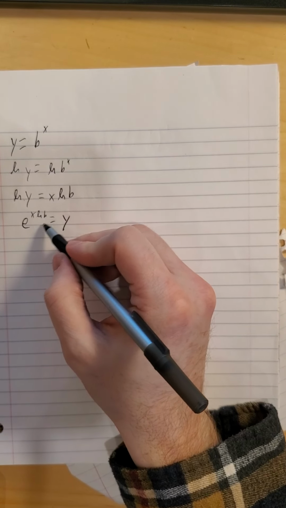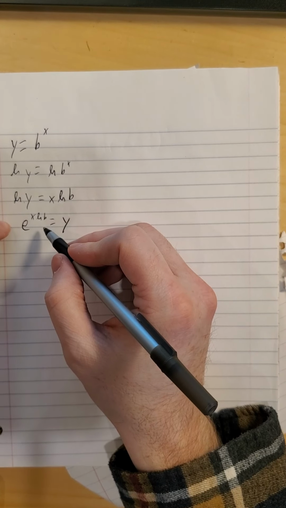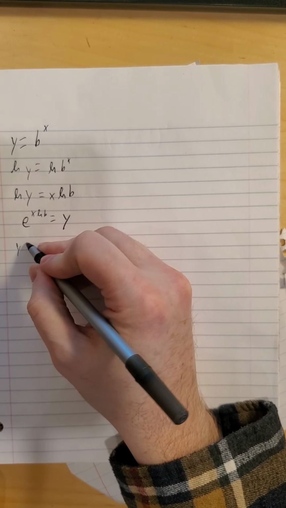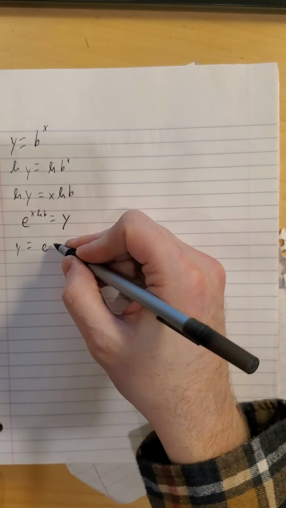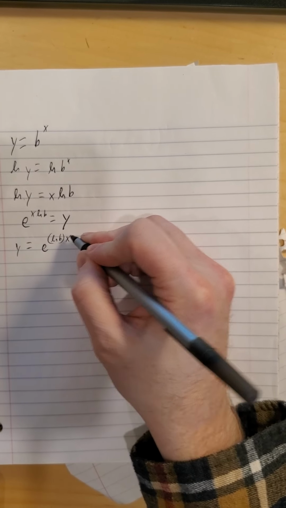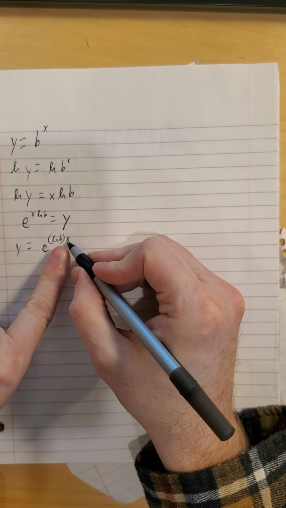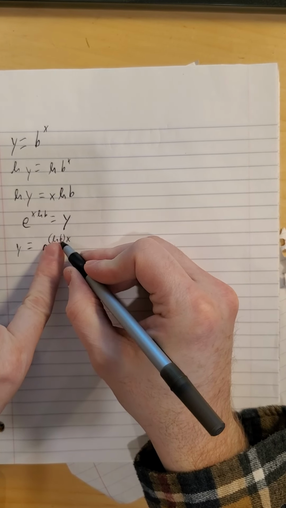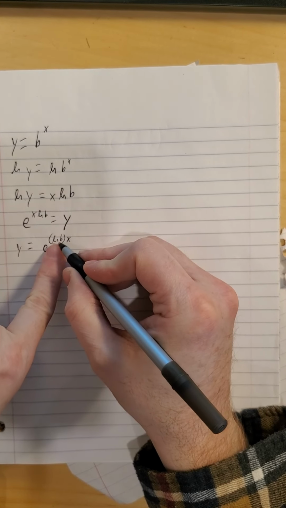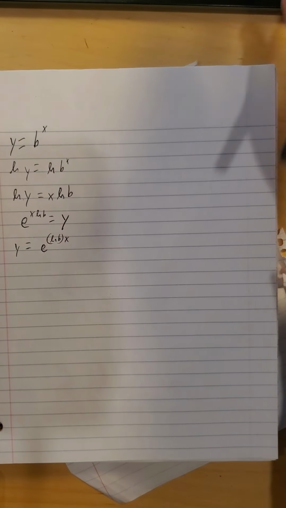Well, natural log of b is just a constant. So this really is following the rules from the previous page. So then if y is e to the natural log of b times x, and I'm throwing this in parentheses just to emphasize x is not part of the argument of this natural log. X is a separate factor from this constant that is natural log of b.